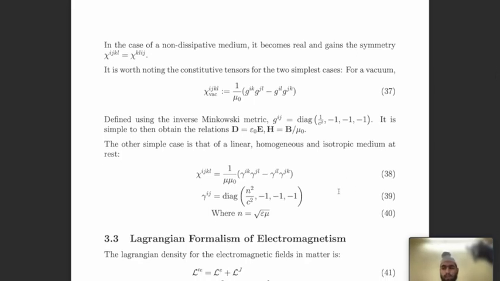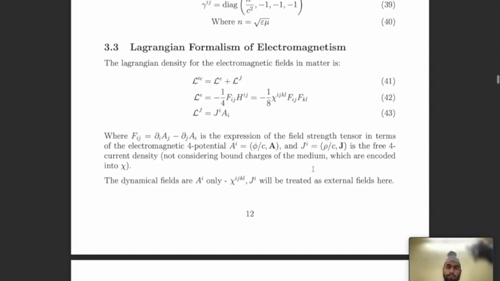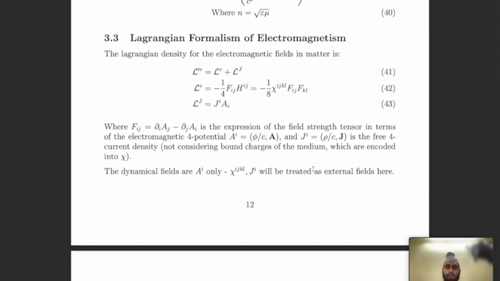In the case of a linear homogeneous isotropic medium at rest, which we more commonly identify as a medium with a fixed refractive index n, we can also write the constitutive tensor in a very simple form given here. Now it is useful for us to formulate electromagnetism using a field theory Lagrangian.